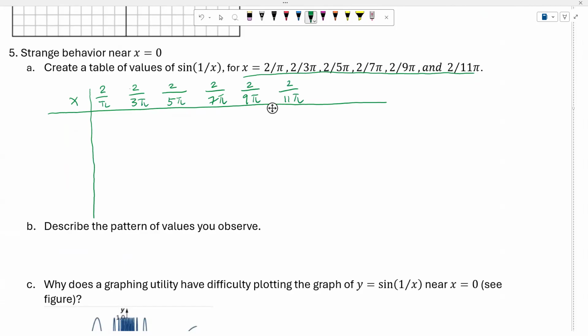Then I would like to evaluate sine of 1 over x. Before I evaluate sine of 1 over x, maybe let me add a row to evaluate what 1 over x is equal to. Then 1 over x, in this case right here, means that we take the reciprocal of 2 over pi. So we will get pi over 2.